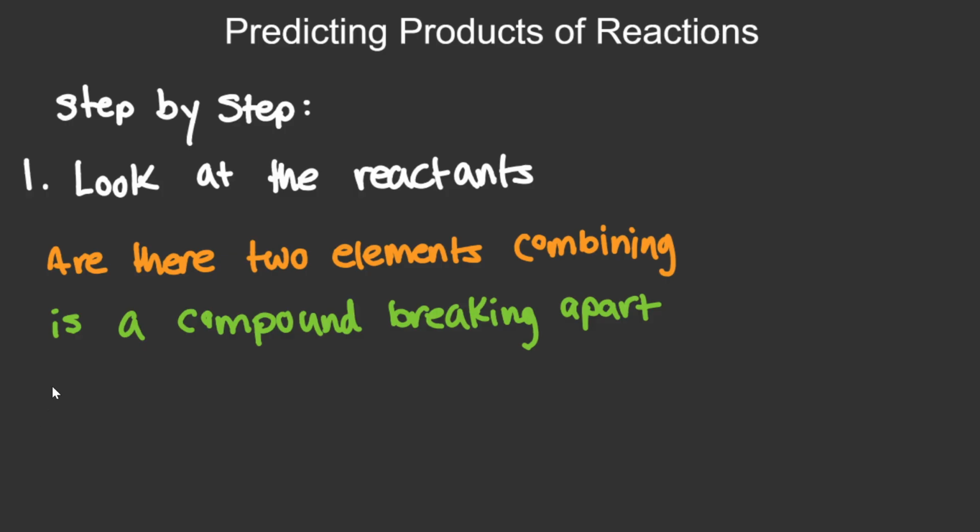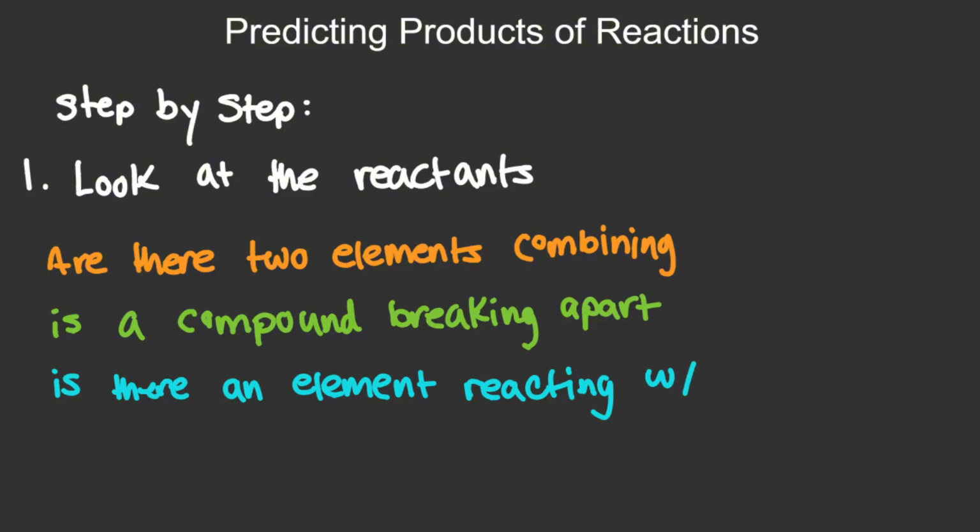Now, is there an element reacting with a compound? If we have an element reacting with a compound, that is what's known as a single replacement.